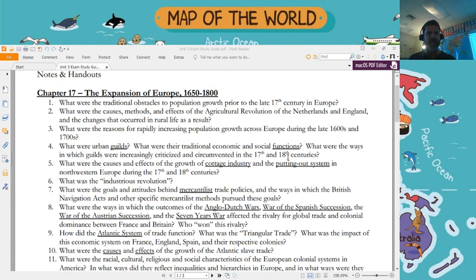In places like the Spanish colonies, Spanish colonists from Europe never really constituted that big a chunk of the population, whether in the Caribbean, in Mexico, or in South America.